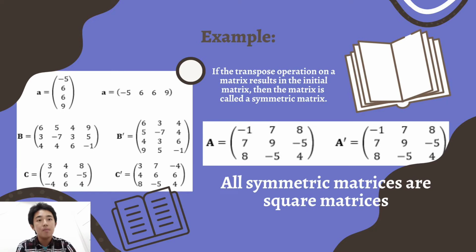It is the same because it has the same values when we put it. So the rows and the columns have the same situation. So when we transpose it, it's still the same. Note this, all symmetric matrices are square matrices. There's never one other than a square matrix. So yeah, let's move on to the next.